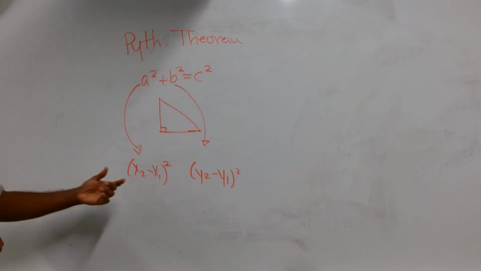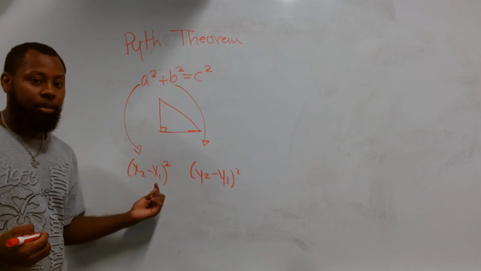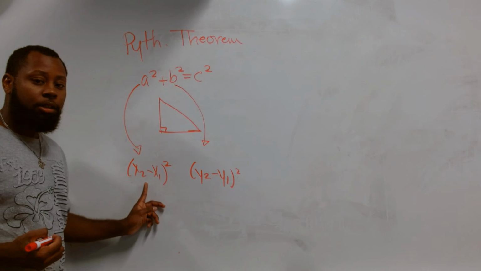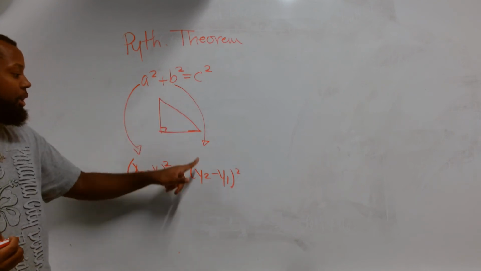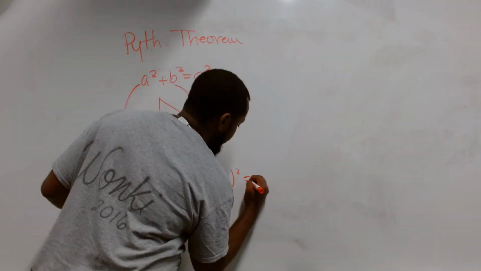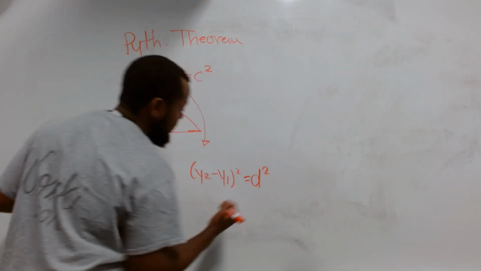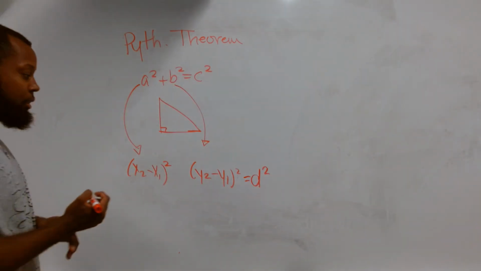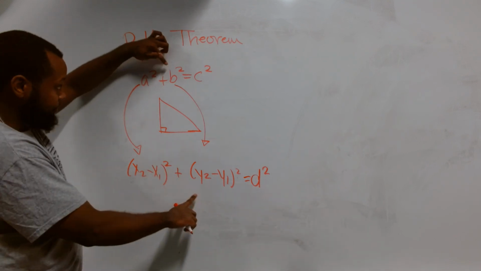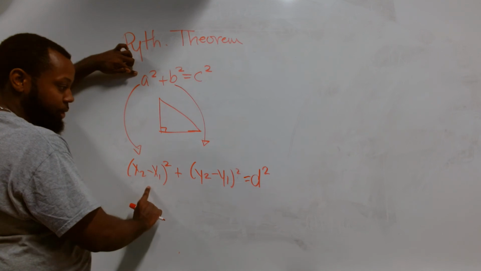This is going off a coordinate plane. Your C squared will also be known as your D squared because that's distance. So you see how the plus is in both? You see how I just rearranged it?